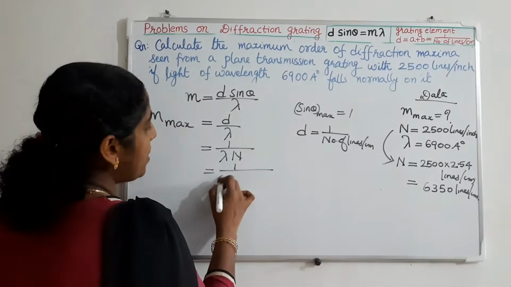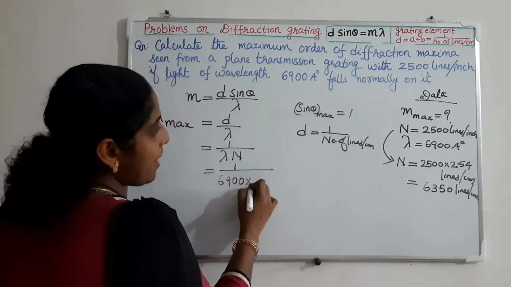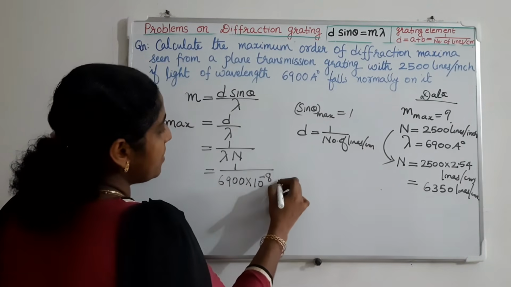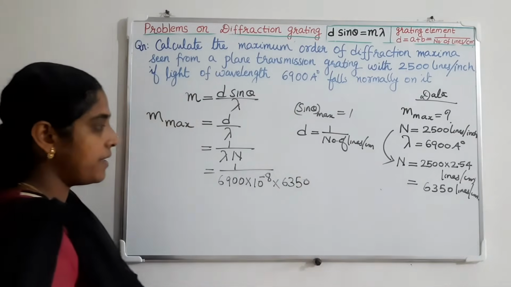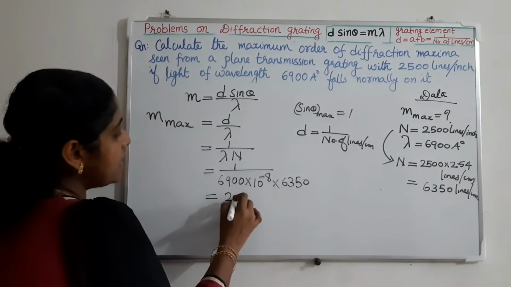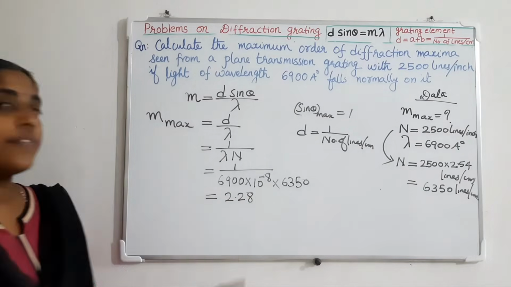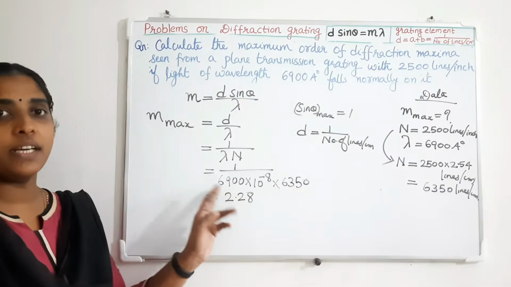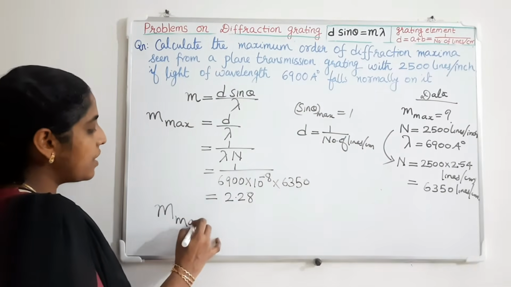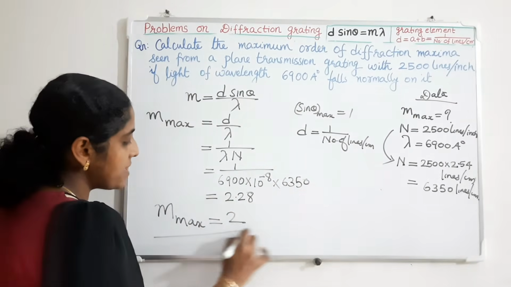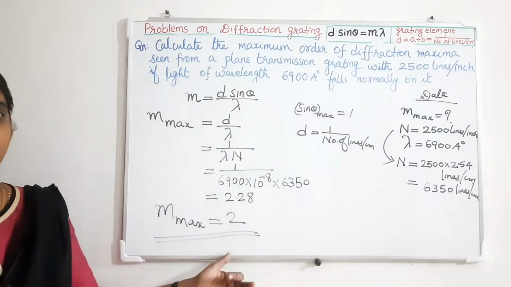That is 1 by lambda, where lambda is 6900 Armstrong, that is 6900 into 10 raised to minus 8 centimeter, into the number of lines, 6350 lines per centimeter. On calculating, we get 2.28. If you get a decimal number, take the lowest integer. So m maximum is equal to 2. So the maximum order possible here is 2.